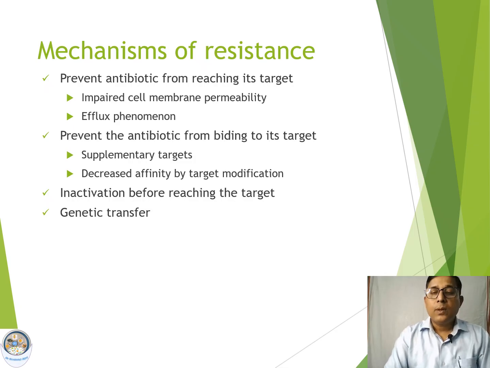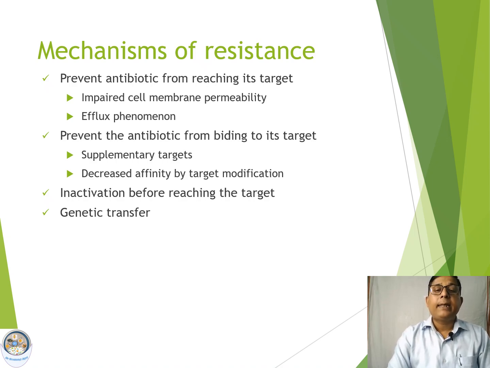Then the second option is the organism will prevent the antibiotic from binding to its target. To exert its effect, antibiotics must bind to their target. So if the organism has developed resistance, it will prevent the binding of the antibiotic and the target.